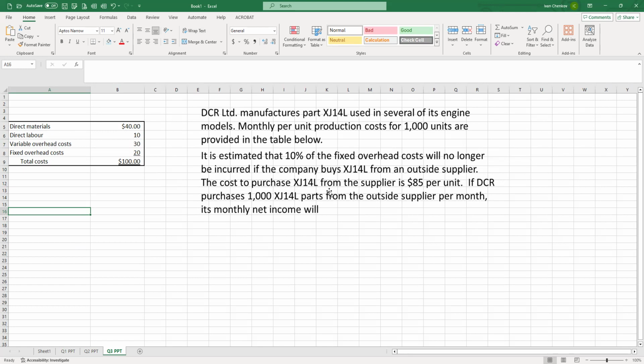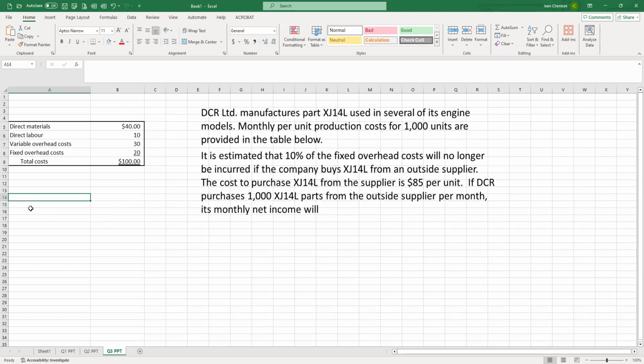The cost to purchase from the supplier is $85 per unit. If this company purchases 1,000 parts from the outside supplier per month, what's going to happen with the monthly net income? Is it going to increase, decrease, or what exactly?